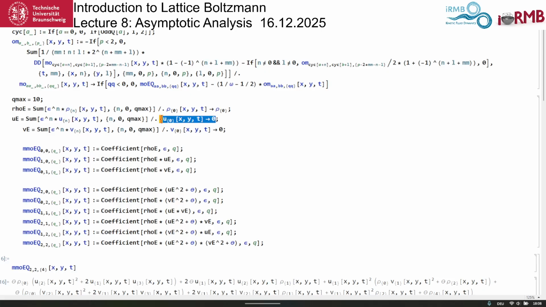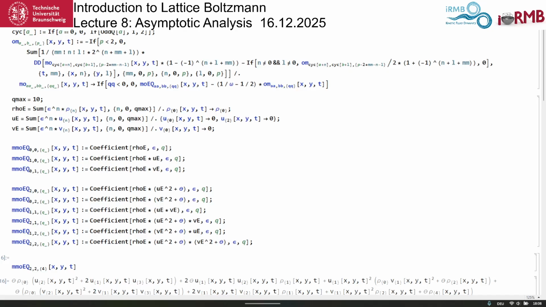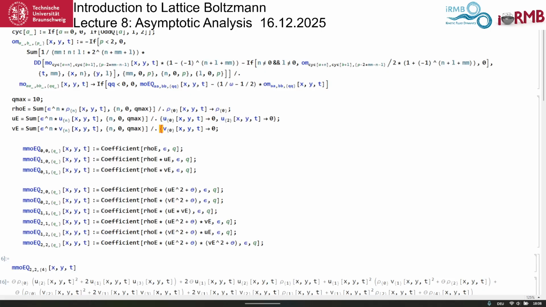We can assume they will disappear here, and later we have to check whether they disappear, right? So say the second disappears, and this also, the second disappears.